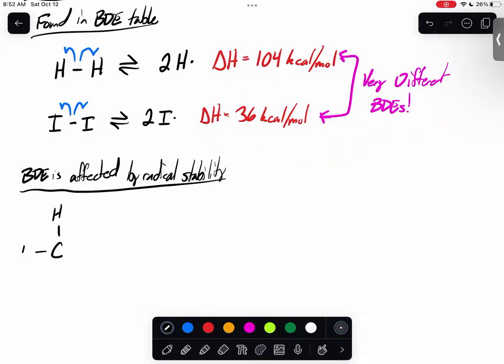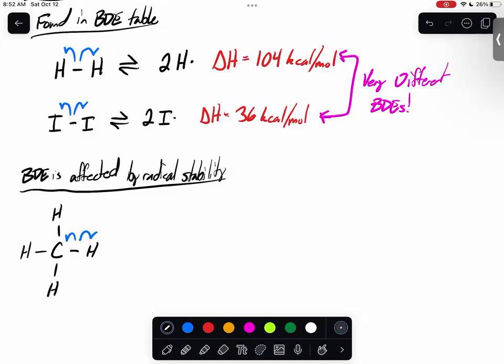And so to show this, the first thing that we need to do is take a look at two different homolytic bond cleavages. Also, notice that this entire time when I've been drawing these electron flow arrows, I've been showing them as single-headed arrows.